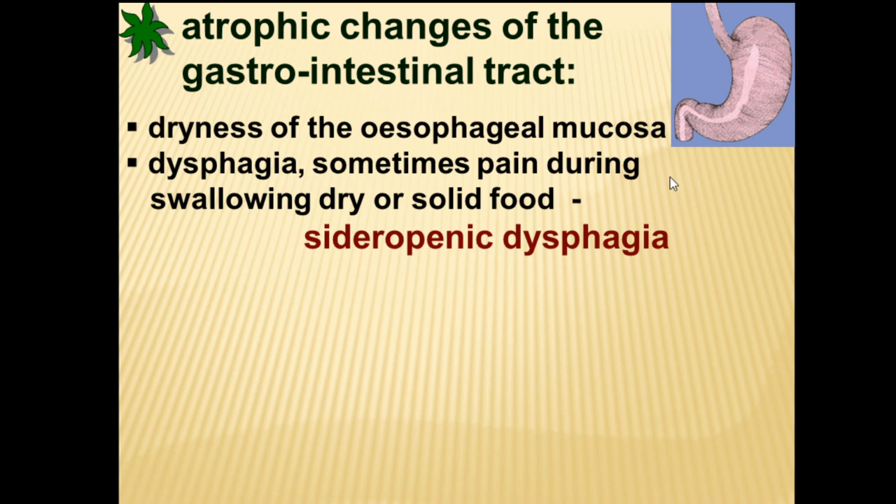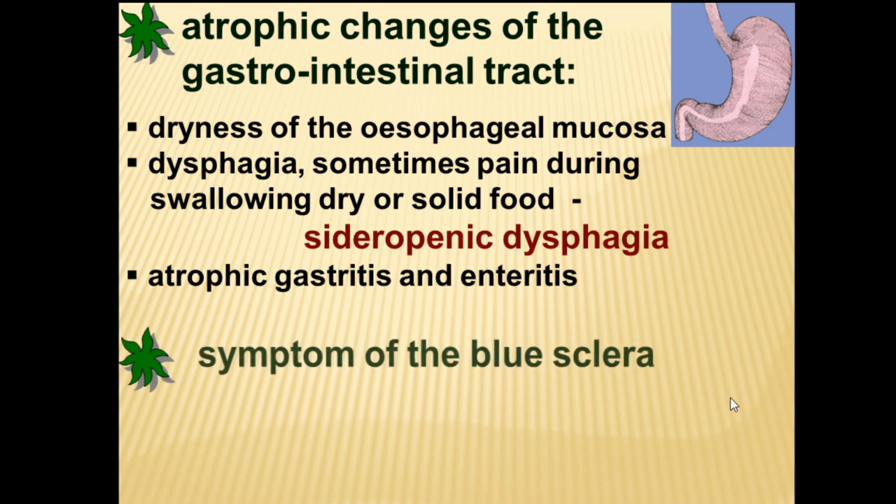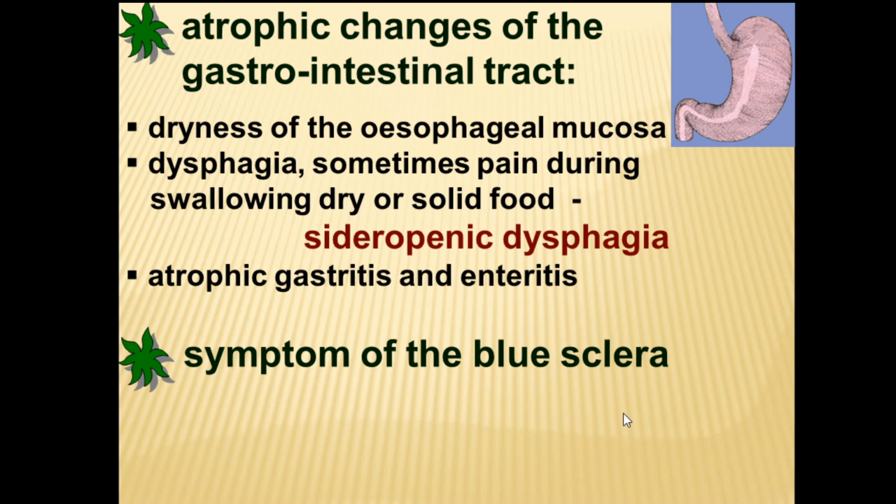We are talking about sideropenic dysphagia, in contrast to true dysphagia due to narrowing of the esophageal lumen. The atrophic process develops into the stomach and intestinal mucosa with formation of atrophic gastritis and enteritis. Patient feels symptoms of dyspepsia and problems with defecation.